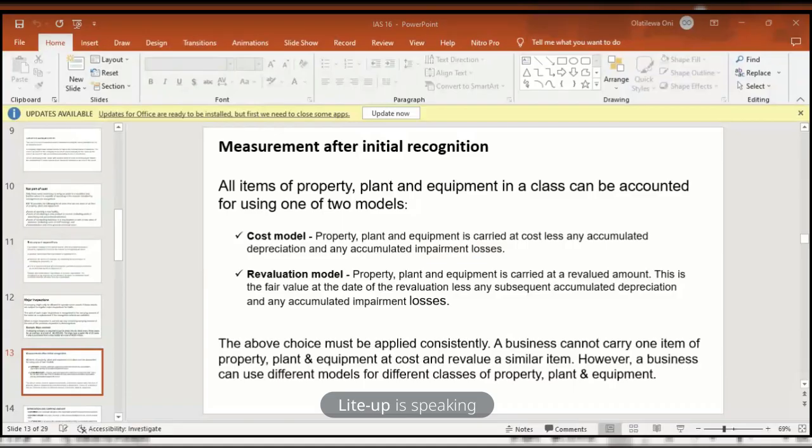Since the cost model is popular, I did some examples yesterday, and we'll do one or two this morning, and then we'll go on to treat the revaluation model, and how to calculate it when it's used.